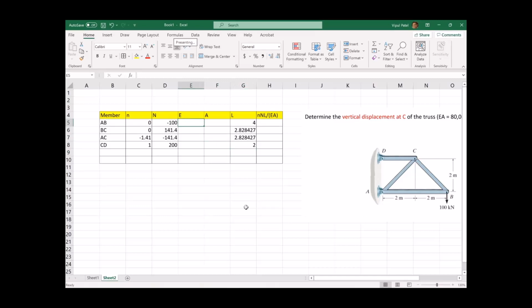Now Young modulus, let's assume the area is the same, 100 times 100, we got 10,000, and EA we got 80,000. If I want to calculate the Young modulus, I can just divide this EA by area.